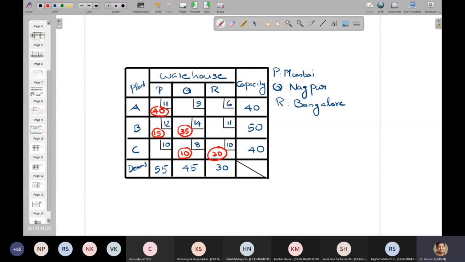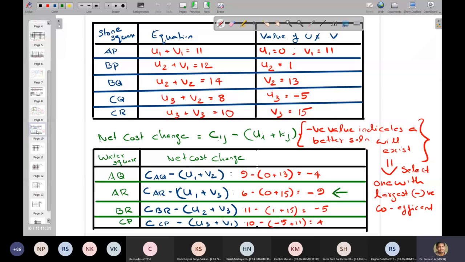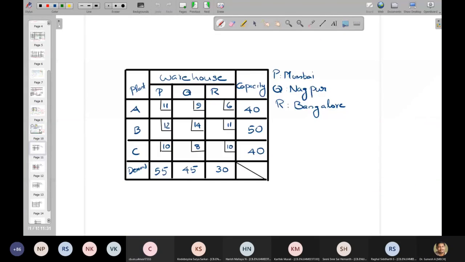Now, which one have we selected? We had selected AR. Am I right? Yes. So we have selected AR.